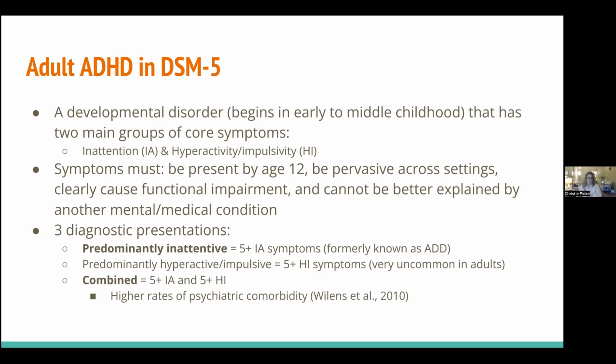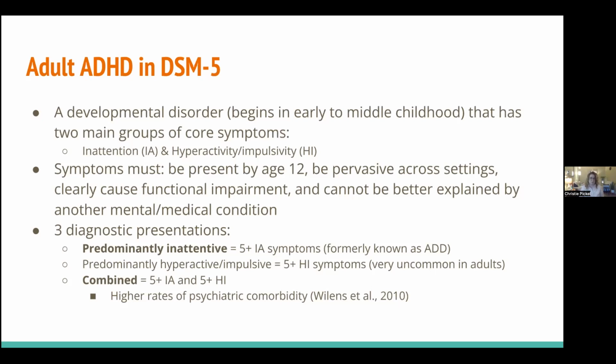There's technically a predominantly hyperactive-impulsive presentation, which is the flip side of that, right? You have 5 or more hyperactive-impulsive symptoms and fewer than 5 inattentive symptoms. In reality, this is a really uncommon presentation, especially in adults. It's extremely rare to meet criteria for ADHD without significant inattentive symptoms.